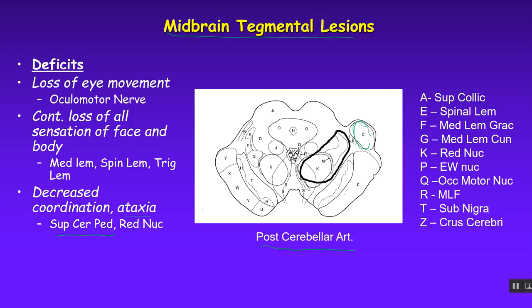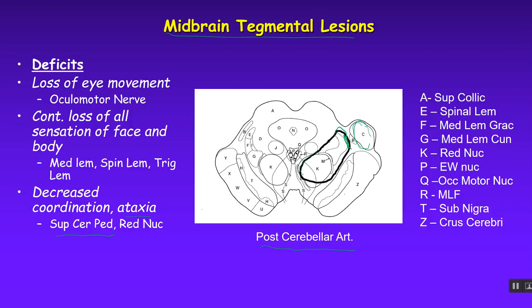It's just a little bit deeper than this, but this lesion will tend to impact some of the fibers coming up from the superior cerebellar peduncle. They're going to go up to the cortex. And anytime you impact connections with the cerebellum, whether it's the superior, middle, or inferior cerebellar peduncle or the cerebellum itself, it's going to cause ipsilateral loss of coordination. So you're going to have some ataxia and coordination deficits.